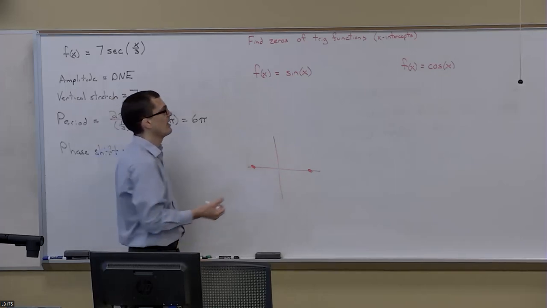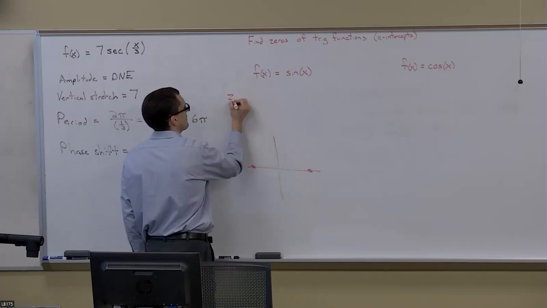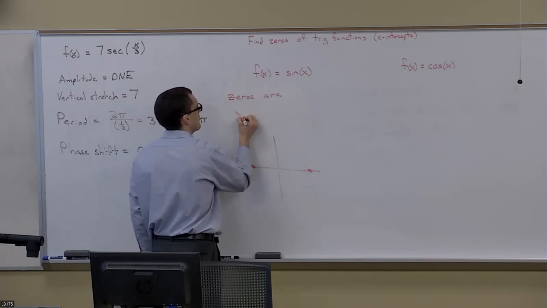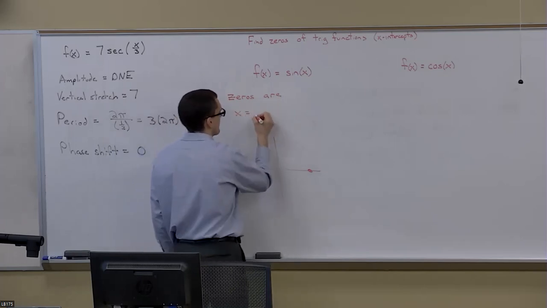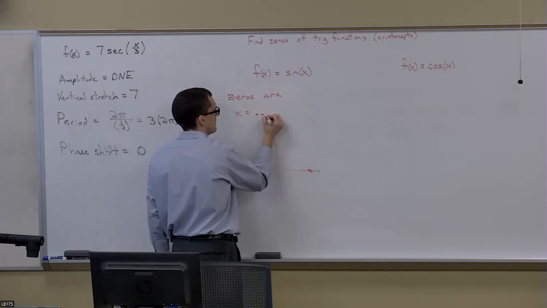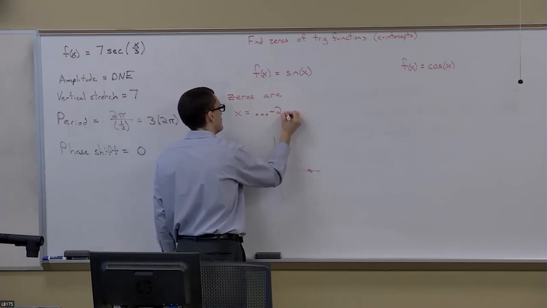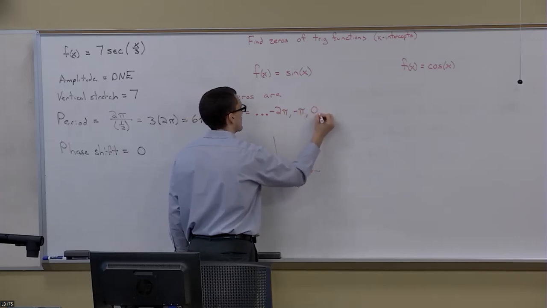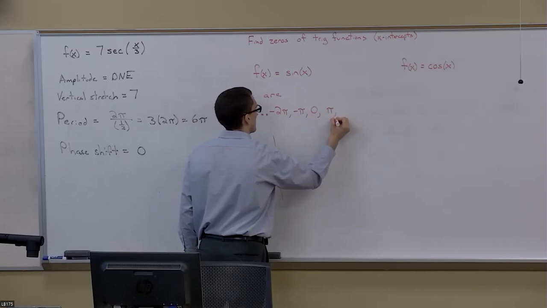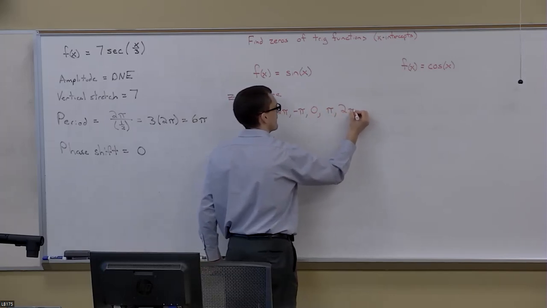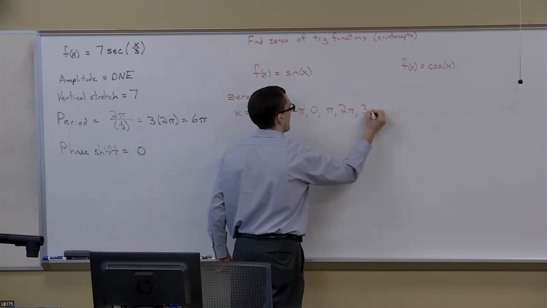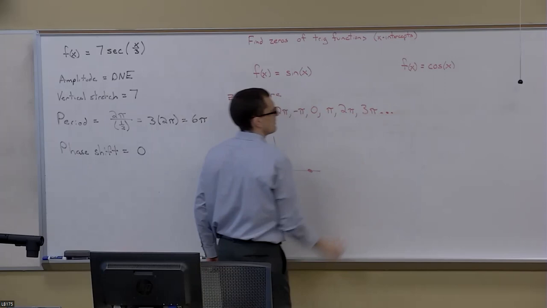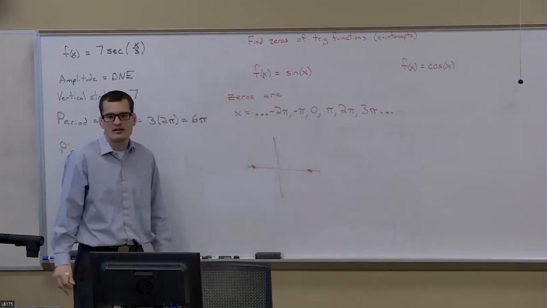Okay. So the zeros of our base function, when x is, you'd have done that forever. I'm just going to write negative 2 pi, negative pi, 0, positive pi, positive 2 pi, 3 pi, 4 pi, 5 pi, 6 pi, 28 pi, all that stuff.